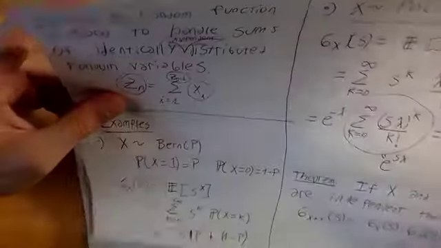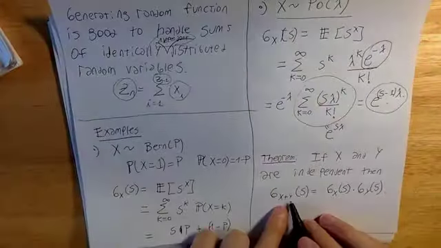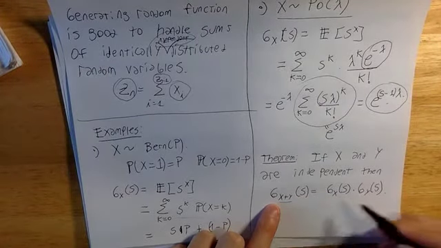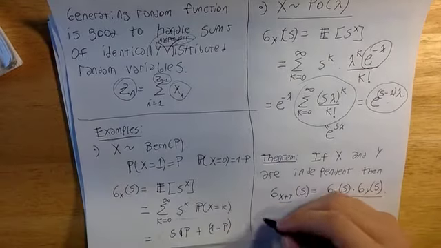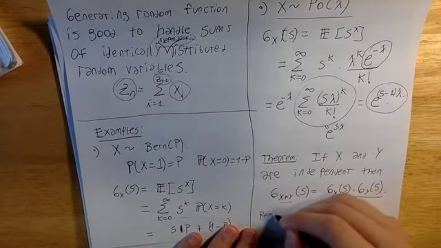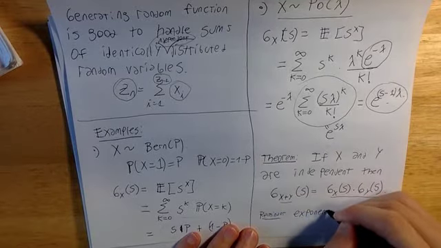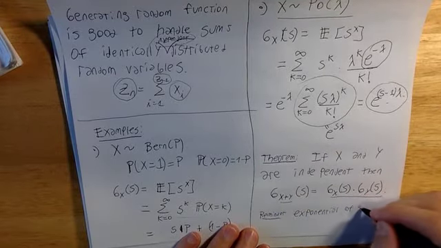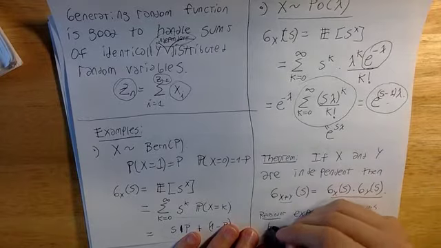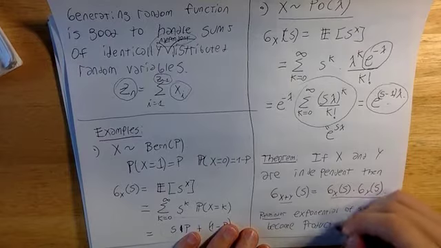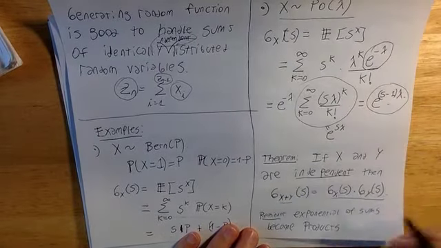Let's look at the proof of this. What is nice is that because we have this exponential, the exponential of sums becomes products. This is just a reminder: exponential of sums becomes products. But here we also have the independence.